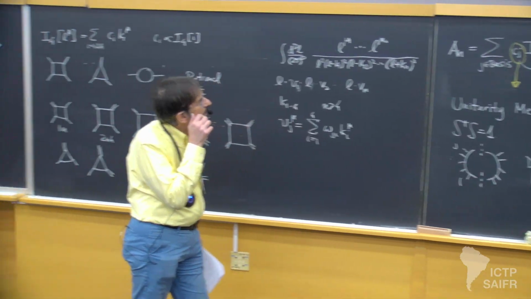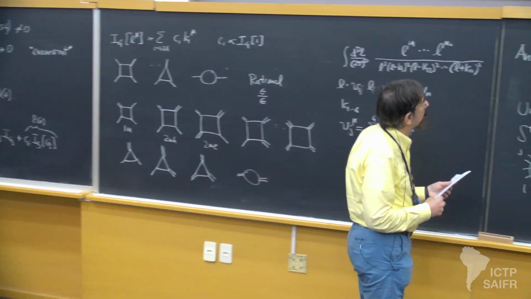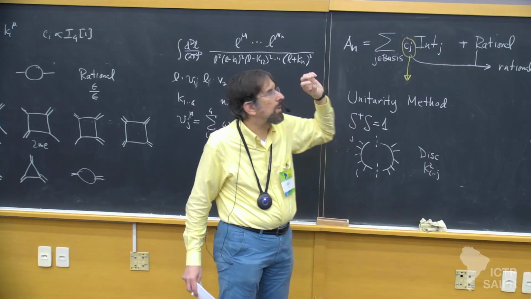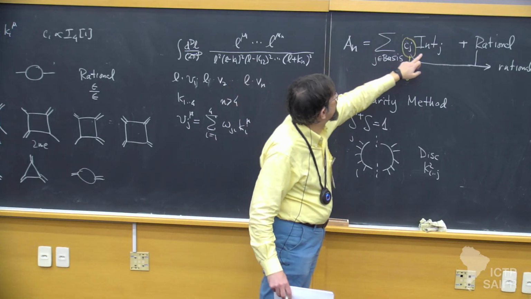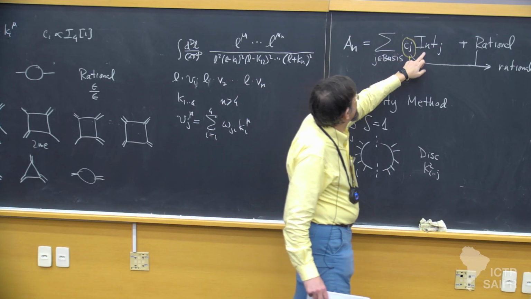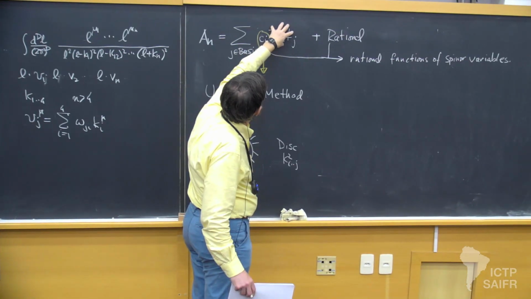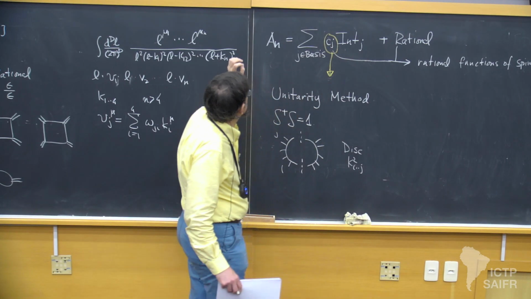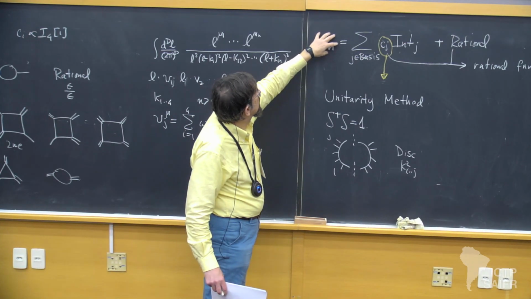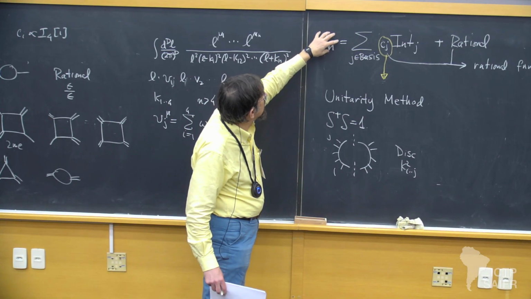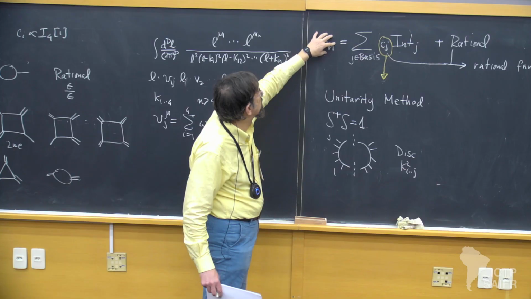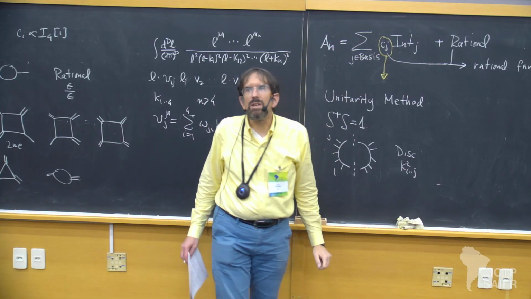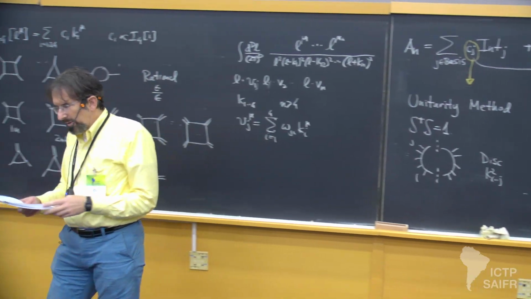And the basic idea of applying a unitarity method to this equation, which is often called the master equation, is to apply it on both sides. The discontinuity of the integral function is something that you can compute explicitly, and the discontinuity of the amplitude is then something you're going to be able to write in terms of tree amplitudes, and that will give you a set of equations for these coefficients Cj.